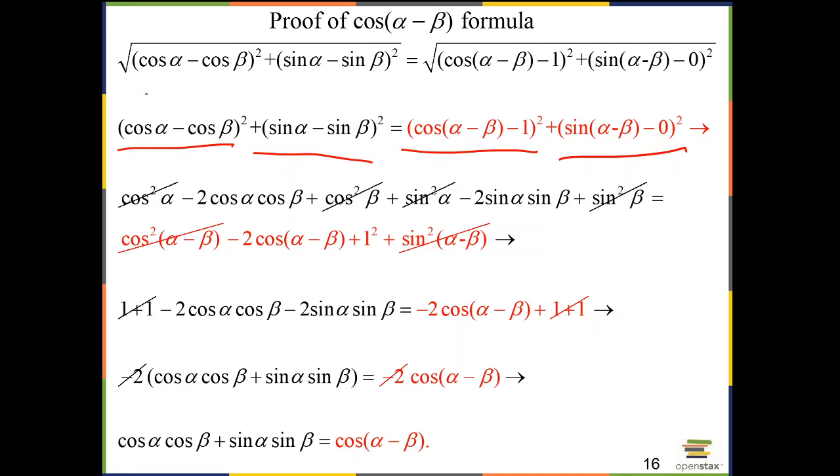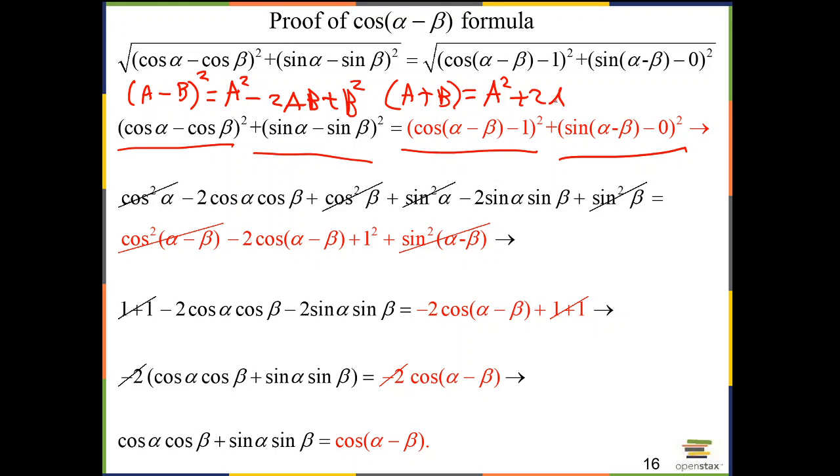And to square, everybody knows, I think, that a minus b squared is a squared minus 2ab plus b squared, and a plus b squared is a squared plus 2ab plus b squared.